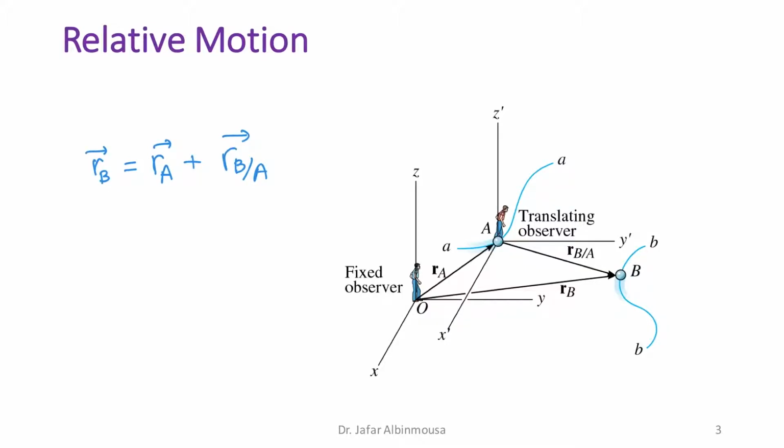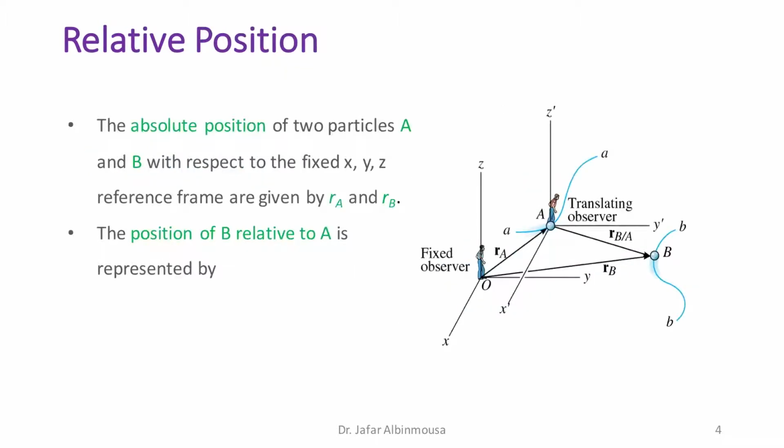And all we did is we added vectors in a simple way. So this RB is equal to this vector plus this one. That's it. So here, again, just a quick summary.